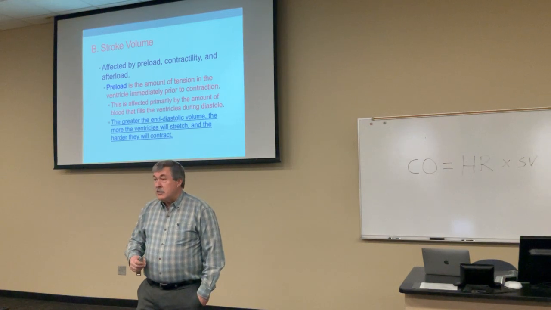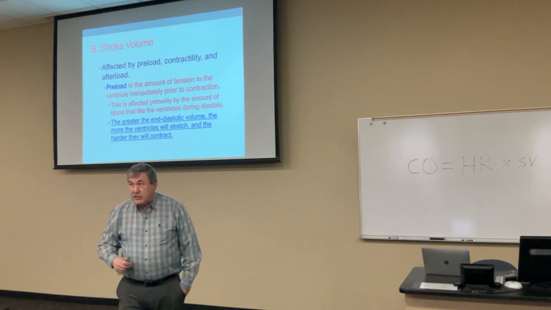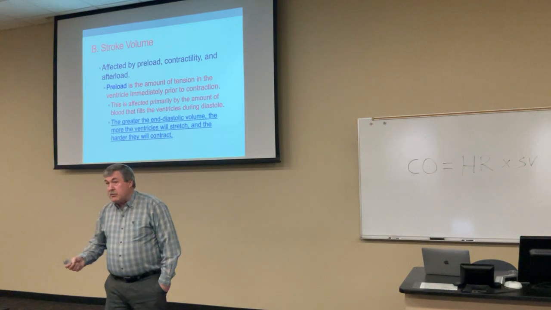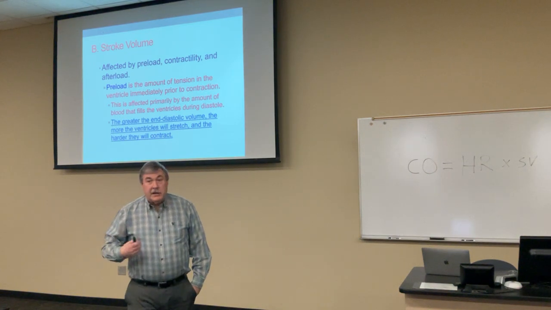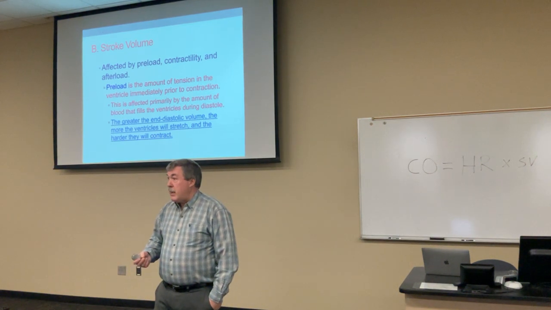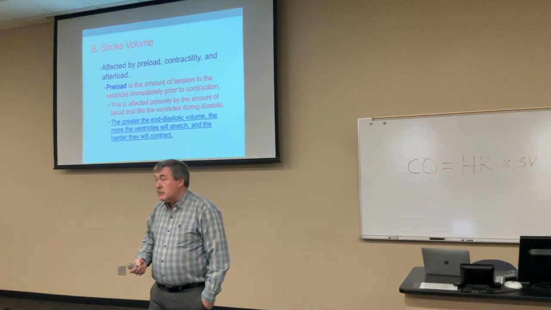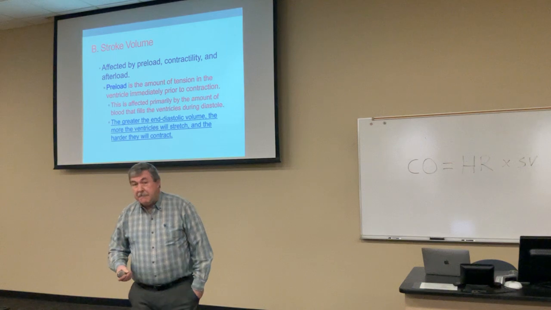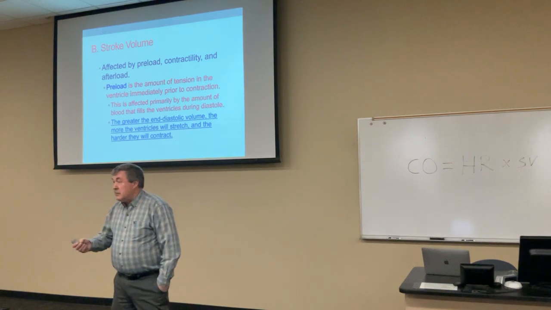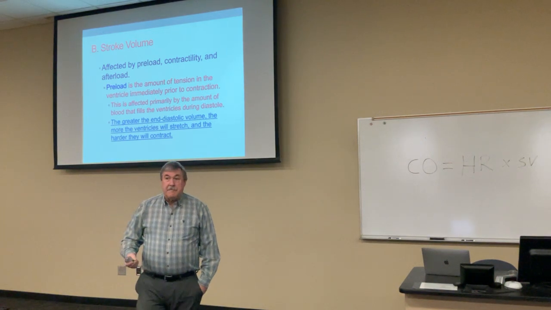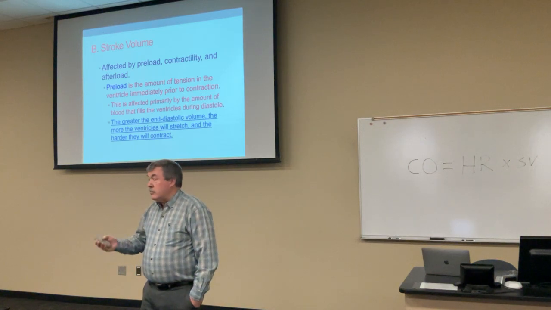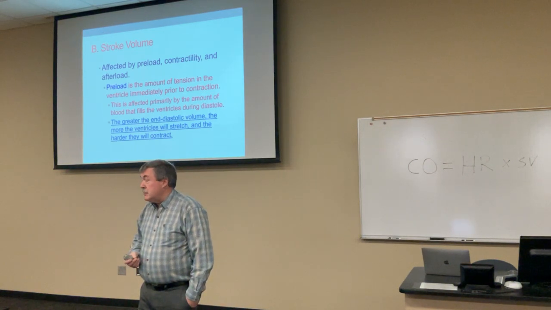Okay, so if blood pressure drops, just the opposite occurs. Then the baroreceptors decrease their rate of firing. That signals the cardiac center that the heart rate needs to be increased in order to increase cardiac output. Okay, so autonomic stimulation. Another factor was the baroreceptor reflex.